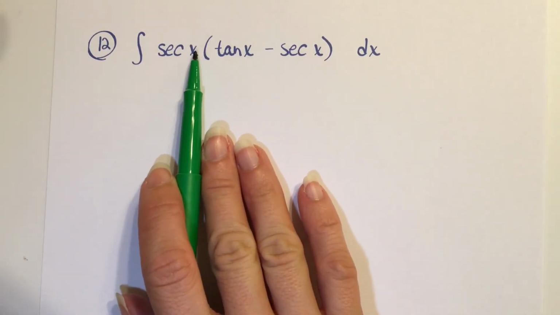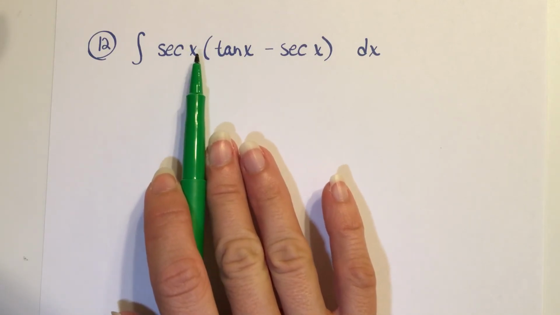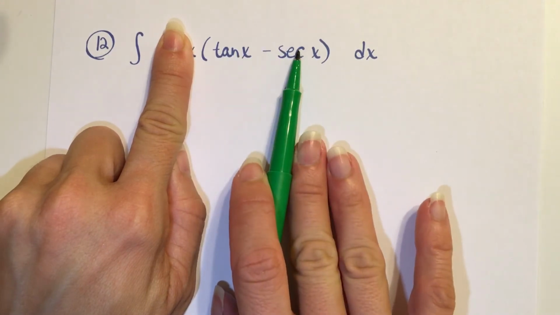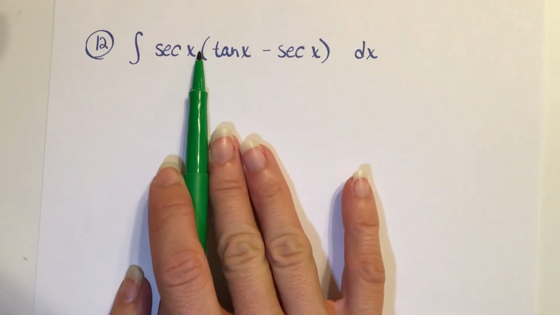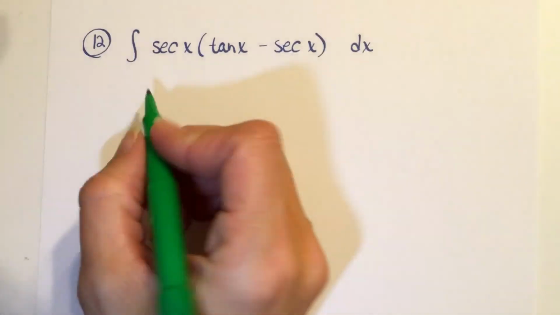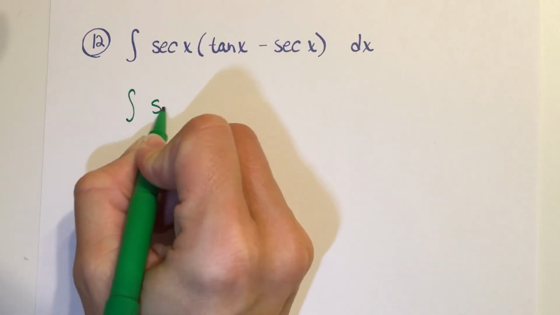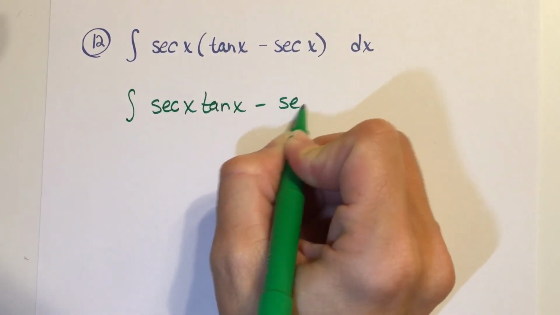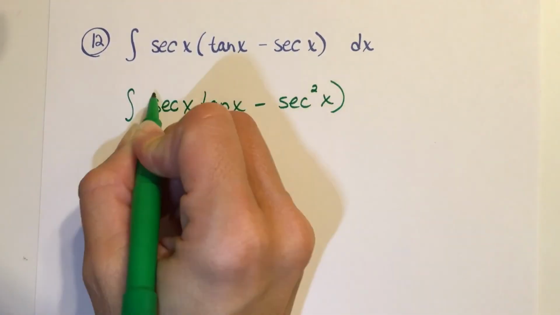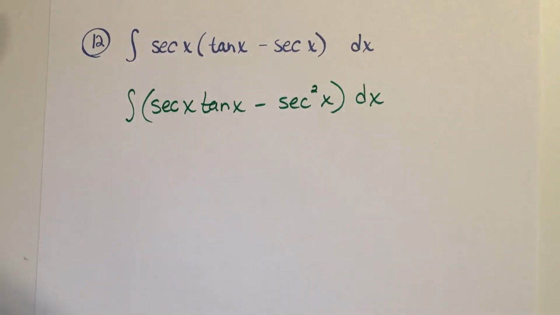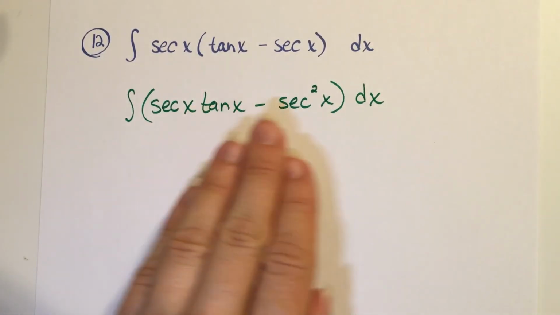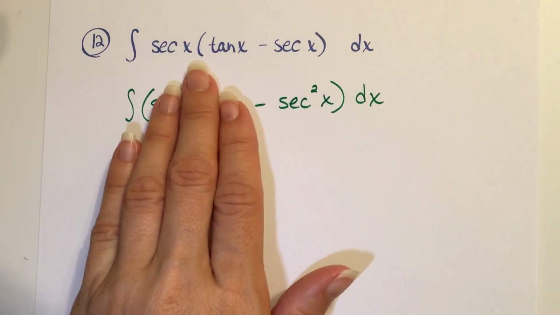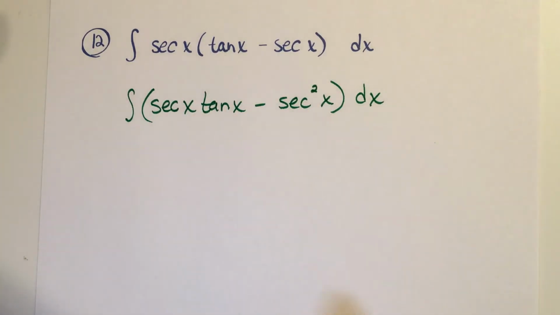So it's not that you're not allowed to, if I didn't have this, then yes, I could integrate those two terms individually, but because I have this multiplied, I'm not allowed to do that.